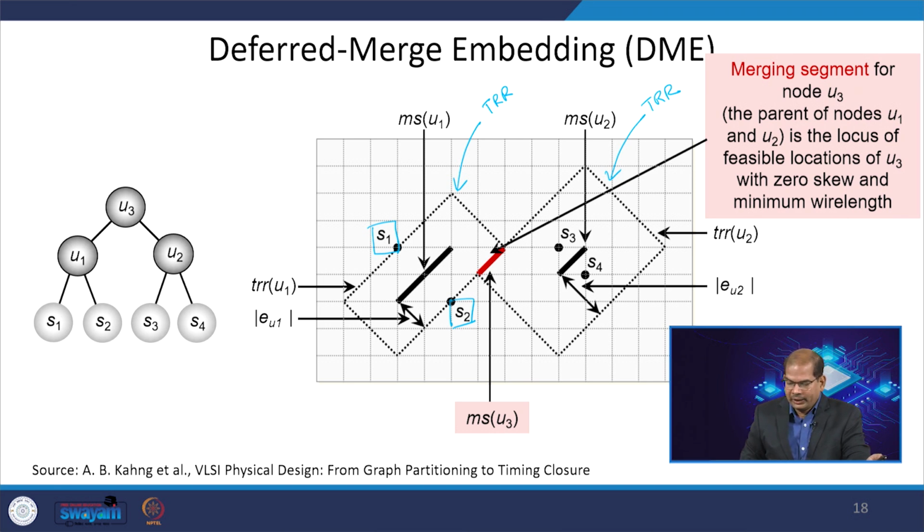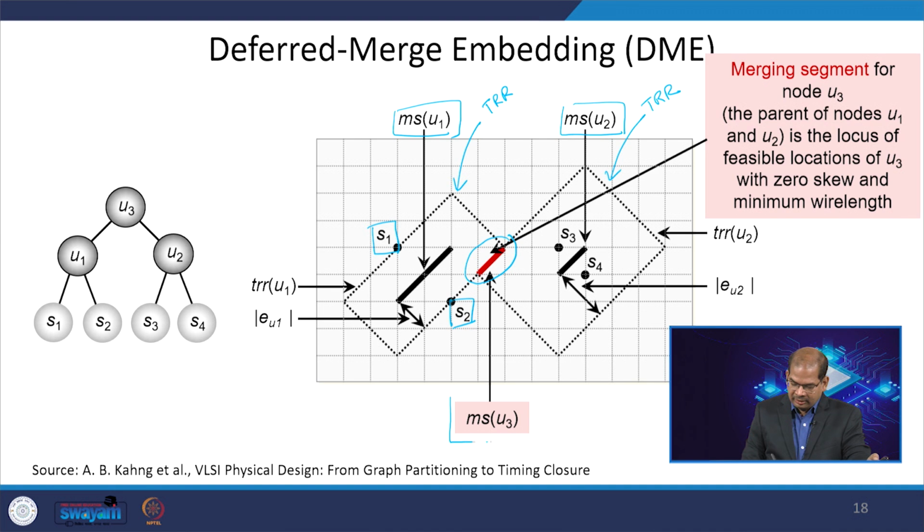So what we are finding is two things: MS of U1, the merging segment of U1, and the merging segment of U2. U1 corresponds to the Manhattan arc of S1 and S2, and MS of U2 corresponds to the Manhattan arc of S3 and S4. What we are doing here is finding the common segment of the TRRs of both rectangles.